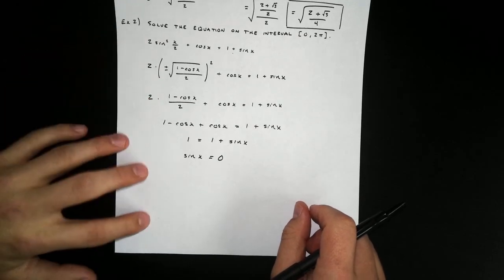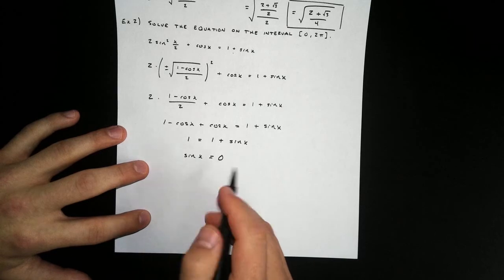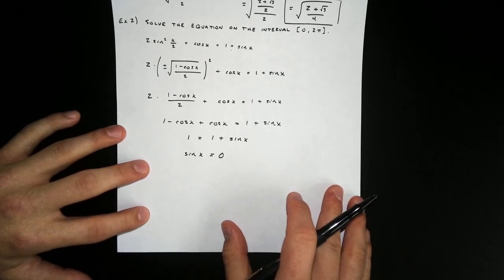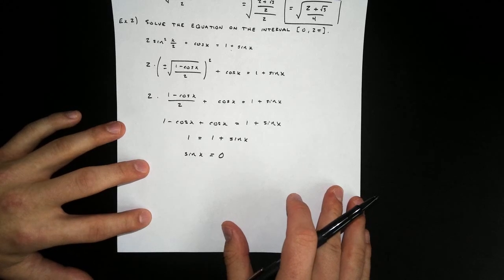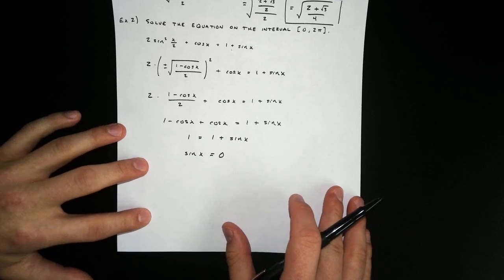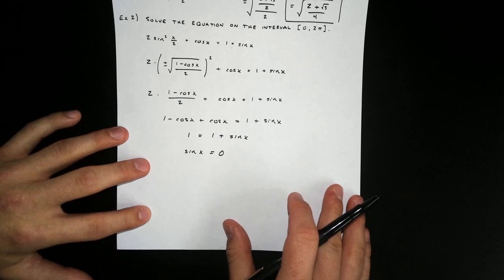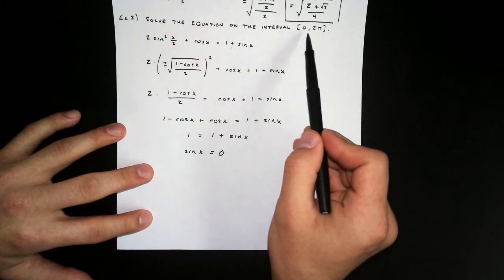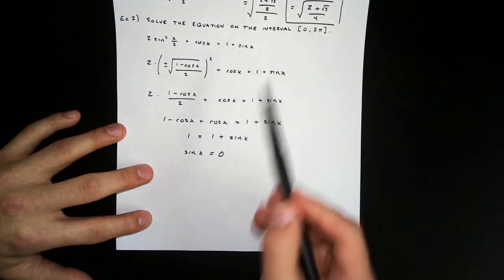And now that we have just a single trig ratio equal to a value, this is where we can use our inverse idea. We can take a look at the unit circle. So when is sine equal to 0? In other words, when is that y value equal to 0? And we just want this on the interval from 0 to 2 pi.